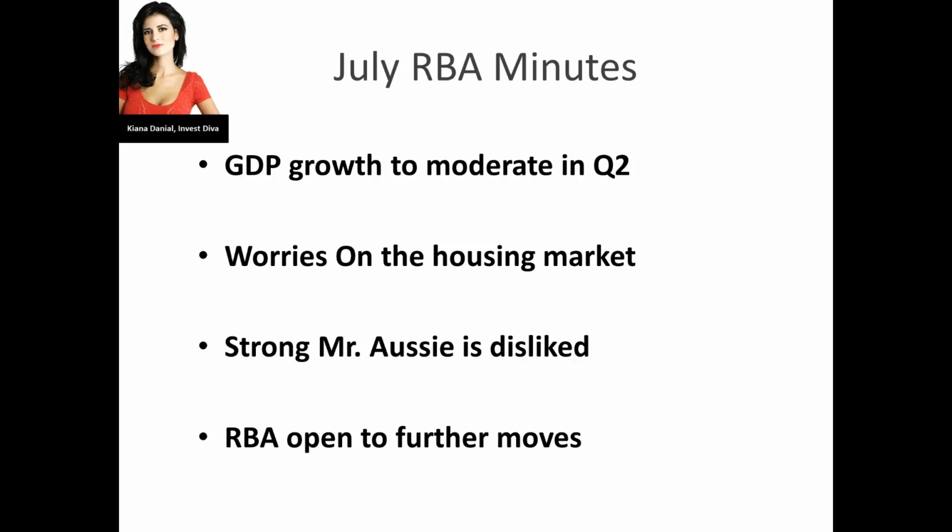And so what went down in the minutes, what we know about them and what they mentioned, can be summed up in basically these four headlines. First and foremost, their GDP, the gross domestic product, growth was moderate in Q2, and the RBA in their minutes warned that the available data are pointing to a likely moderation in GDP growth for Q2.